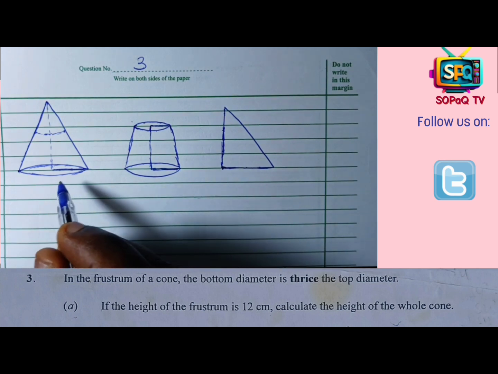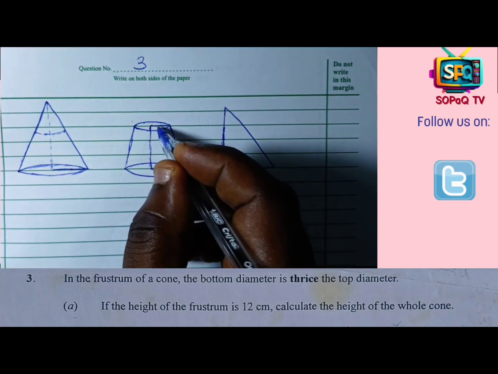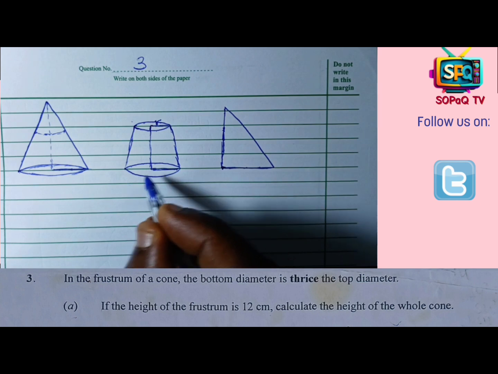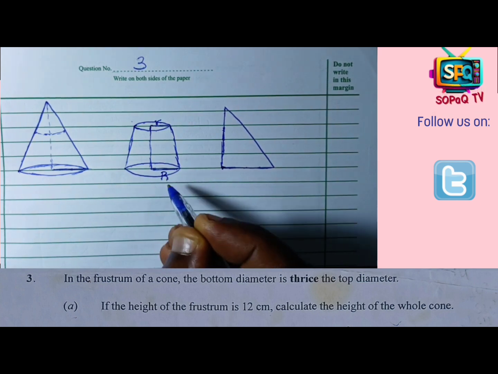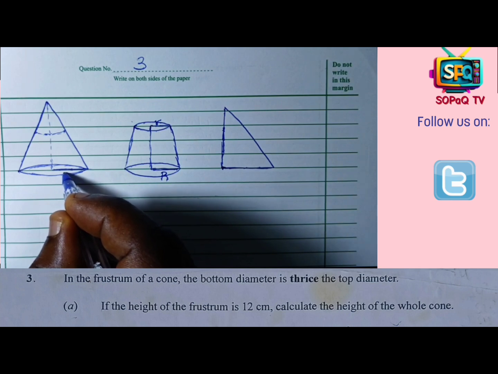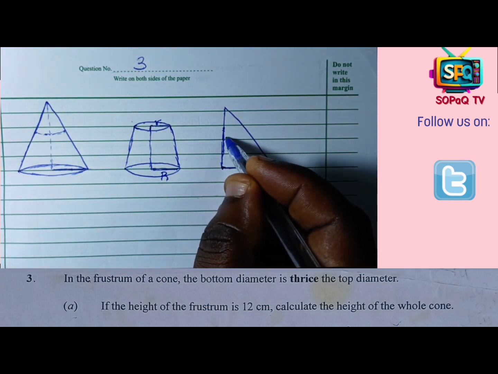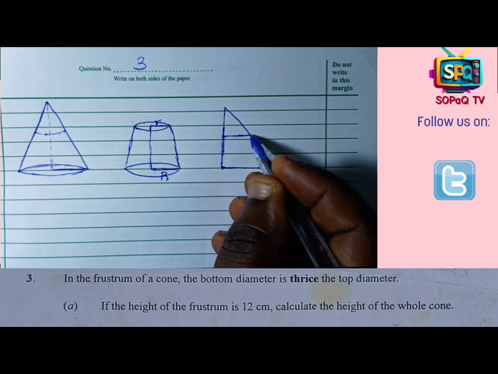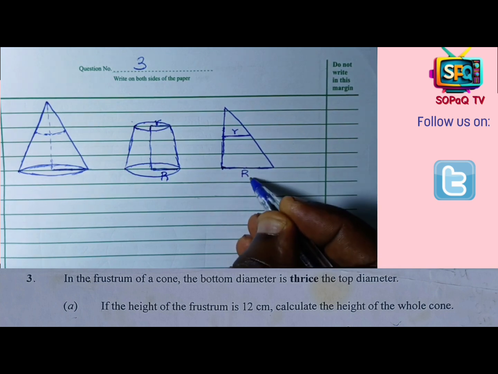So because the frustum is here and is having a radius, we can name that radius small r, and then name this radius a bigger R. So we have a bigger R here as well. And I think this one too. Let me cut it this way. So a small r and a bigger R.